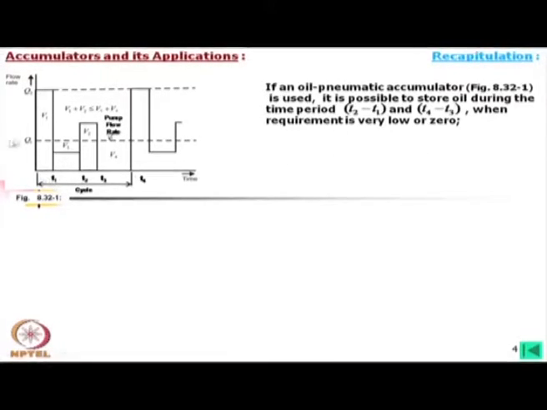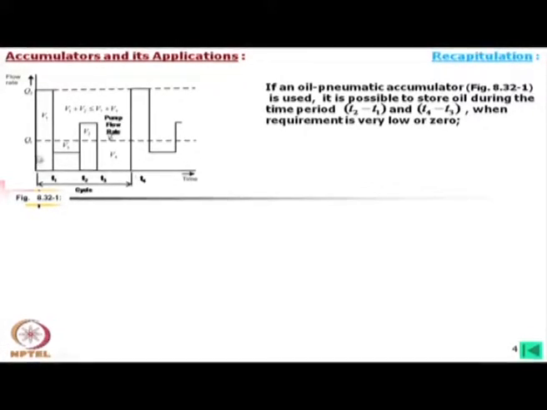If you look into this figure, Q1 is the maximum pump flow rate, whereas the system may require flow up to Q2 for a time period T1. Then from T1 to T2 the volume required is V3, and from T2 to T3 the volume required is V2, and from T3 to T4 the requirement is 0. This is the cycle.